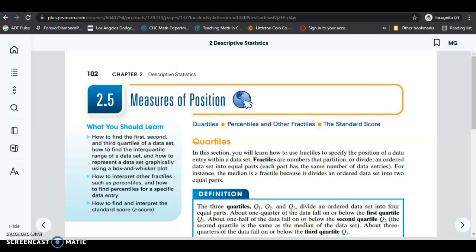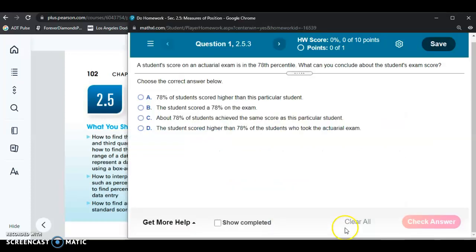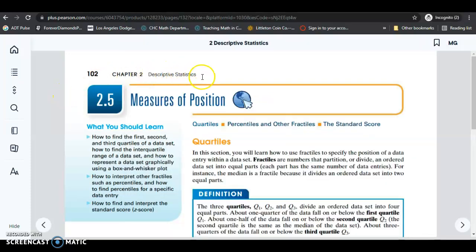So let's go to the first question in the homework. It says a student's score on an actuarial exam is in the 78th percentile. Then it says, what can you conclude about the student's exam score? And then it gives you these answer choices. Before we can answer the question, we need to understand what a percentile is, and that comes a little later in the section.